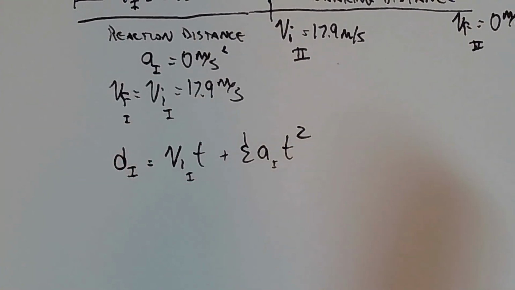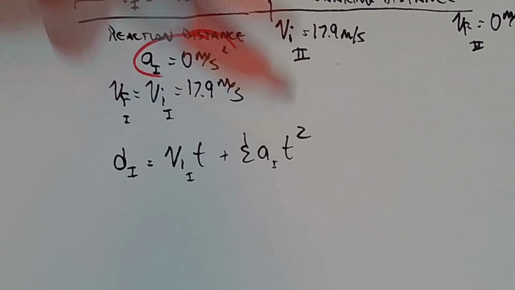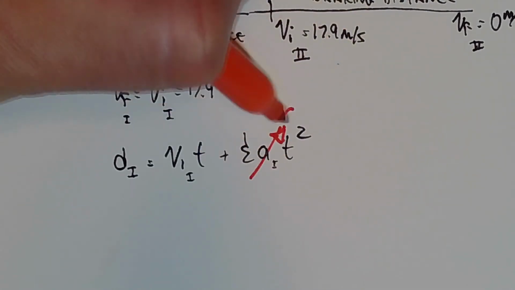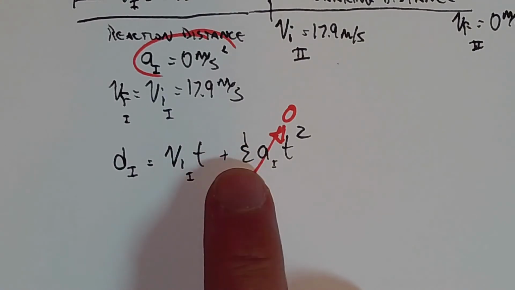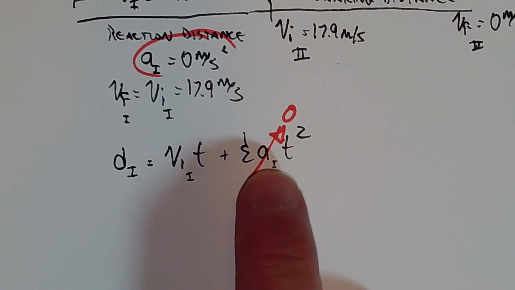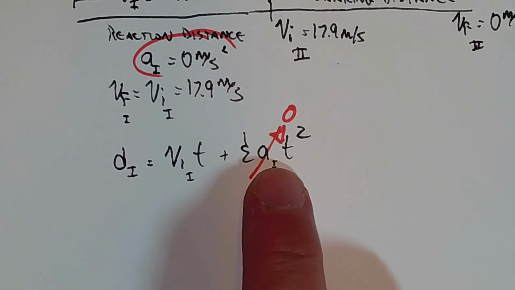Now, the equation itself is kind of complicated, but remember that the acceleration is 0. So if the acceleration is 0, I don't like to plug in values until after I manipulate the equation. But I do make one exception, and that's if the value is 0. If this value is 0, there's no reason to carry this term. 0 times anything is 0. Don't bring 1/2 t squared any further, because 0 times anything is 0.